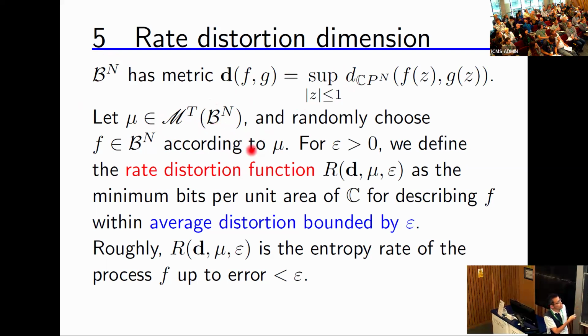And we randomly choose the Brody curve F according to this distribution mu. Then we can consider F as a stochastic process. And for any positive number epsilon, we define the rate distortion function as the minimum bits per unit area of C for describing this process within average distortion bounded by epsilon.